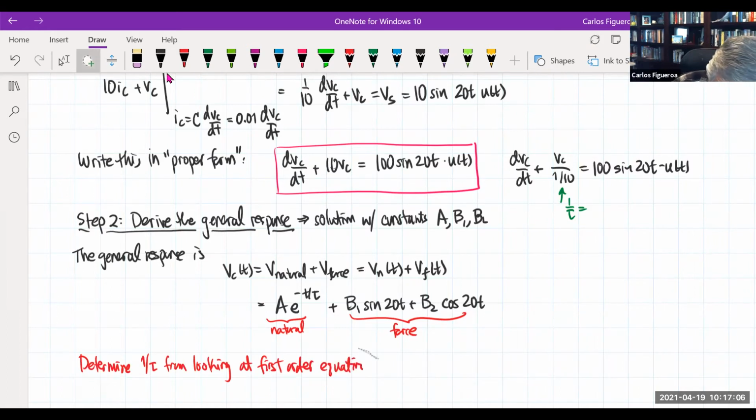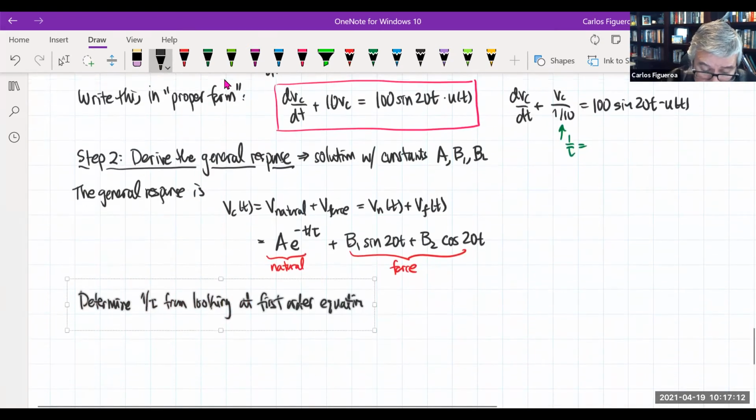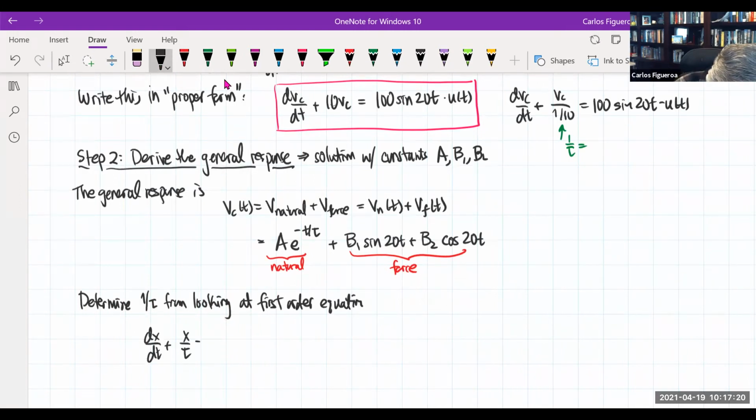I know that the first order equation must look like this; its functional form must look like this. And this guy is what I'm looking for: 1 over tau.